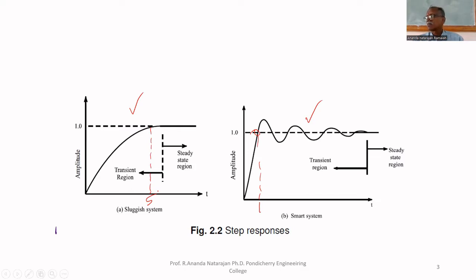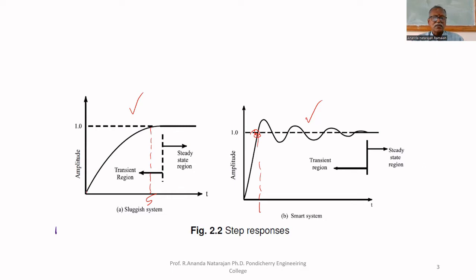Which is smart? The second one is smart, because it reaches the final value quickly, in 1 second. But it is oscillatory, that is different. It quickly reaches the final value, oscillates around that value, and finally settles.